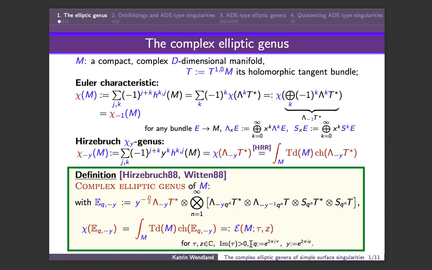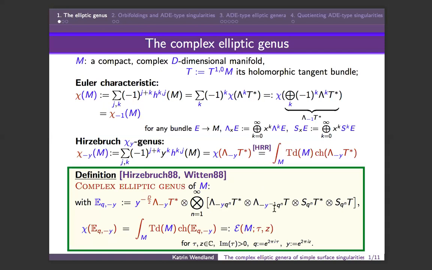So it's convenient and also fashionable to write Q equal to e^(2 pi i tau) and Y equal to e^(2 pi i z), where tau and z are complex numbers, and tau is taken from the upper half plane to ensure that all this is well defined. And then you have the complex elliptic genus as a holomorphic function in tau and z with lots of beautiful properties.